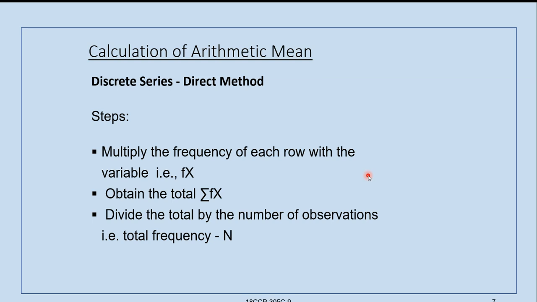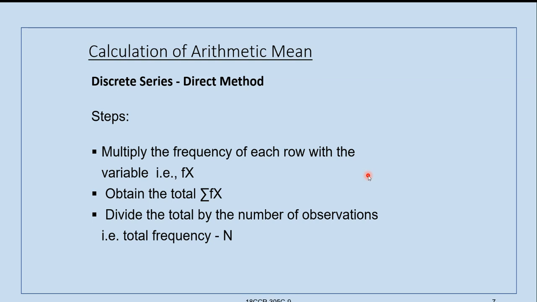Again, a table is drawn here with first column all the observations given in the problem, that is x, capital X. In the second column, we will take frequency of the observations, that is how many times that observation has occurred. In the second column, that is small f. Always frequency is indicated by small f.